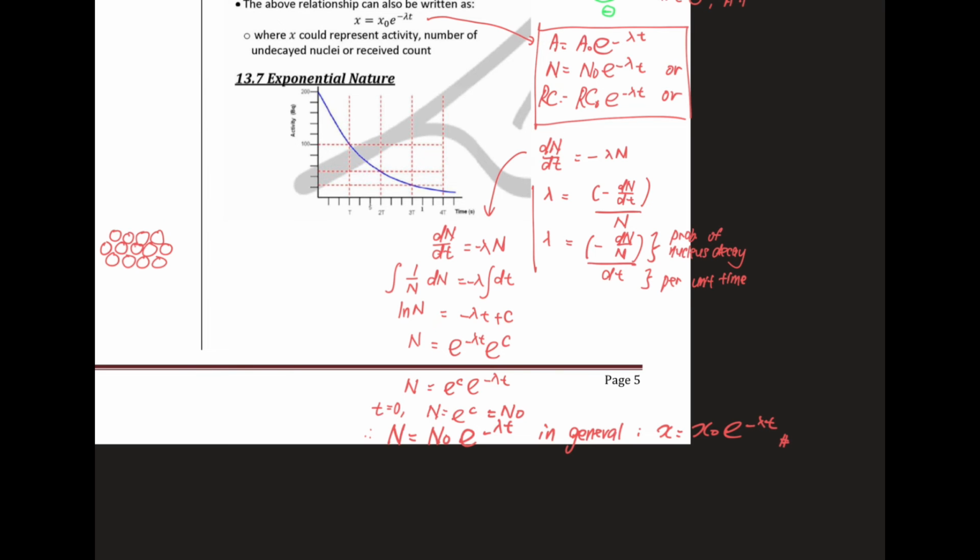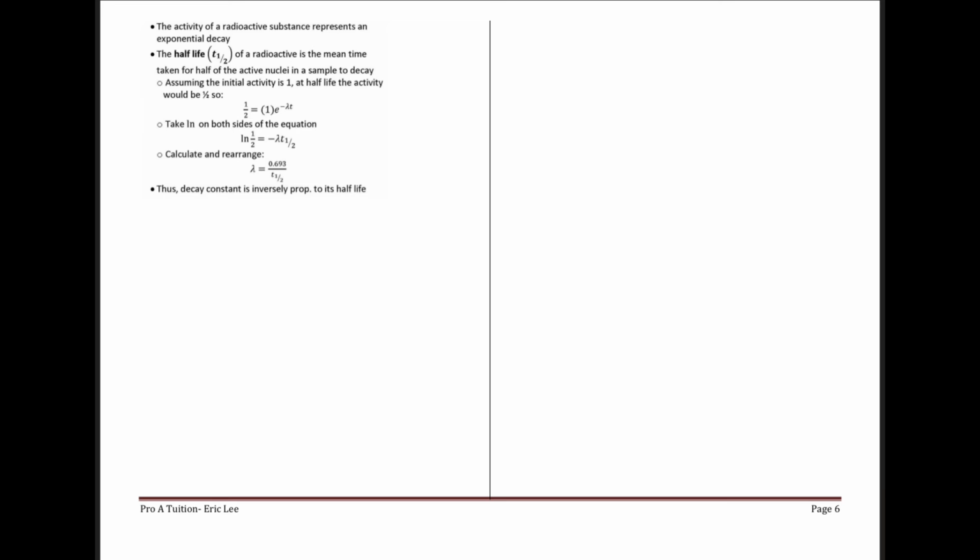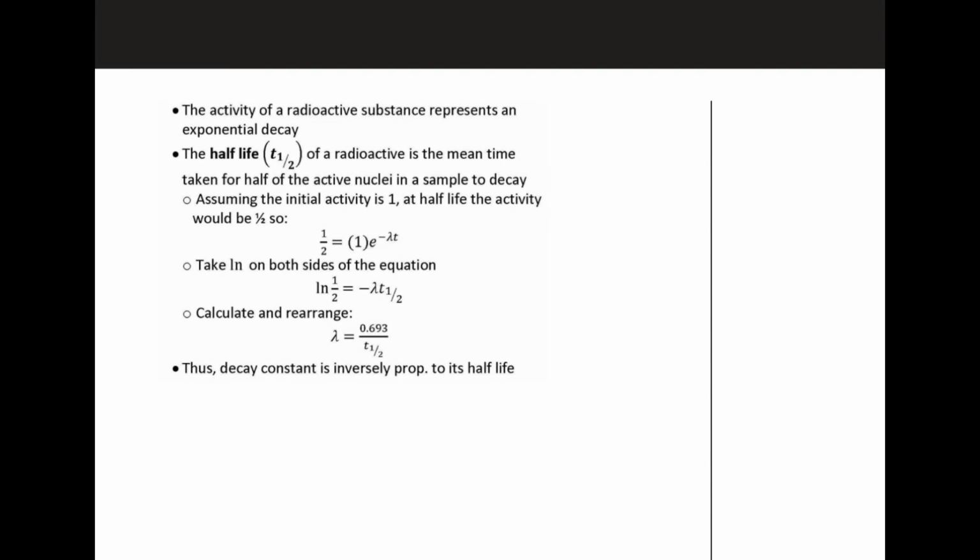Here, the activity of a radioactive substance represents an exponential decay. So that means the graph is exponential decay, the graph is going down. The half-life of a radioactive substance is the mean time taken for half of the active nuclei in a sample to decay. Let's say this is activity versus time.